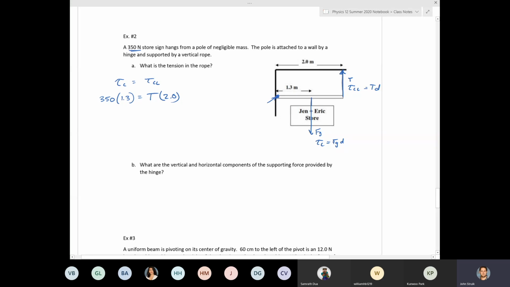So 350 times 1.3, 455 equals 2T, divided by 2. Tension is 230 newtons. I'm rounding a little bit. Does that make sense? Any questions about that?